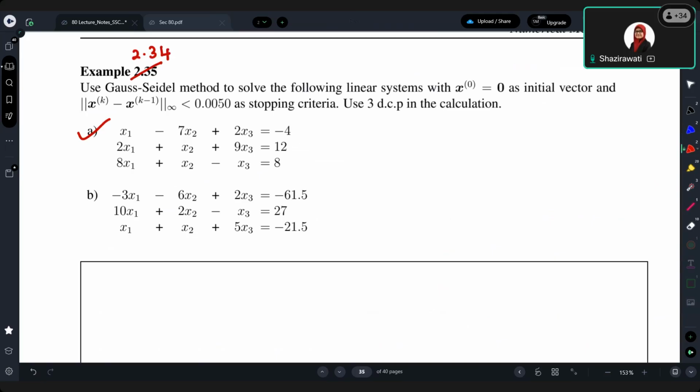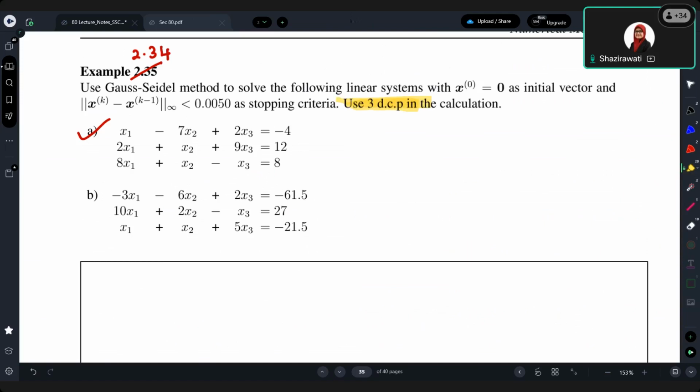Use the Gauss-Seidel method to solve the following linear system with x not equal to 0 as the initial vector, and stop when the absolute of the difference between two consecutive x is less than 0.005. Use 3 decimal. Okay, so sekarang kita nak pakai 3 decimal in the calculation.